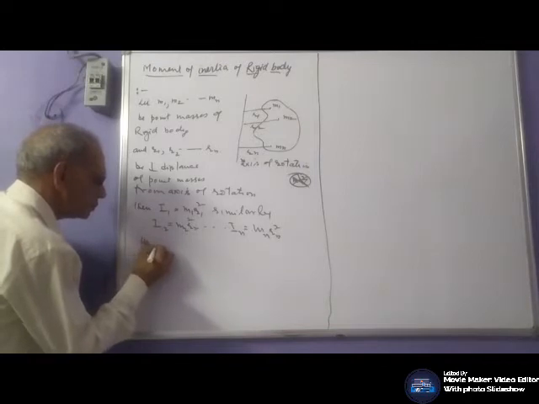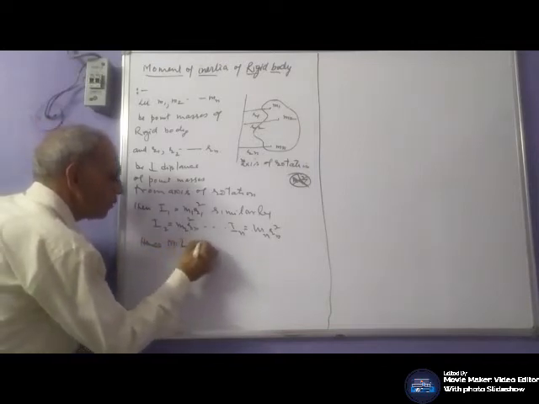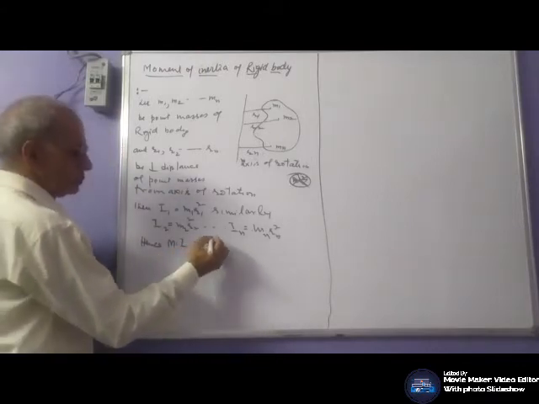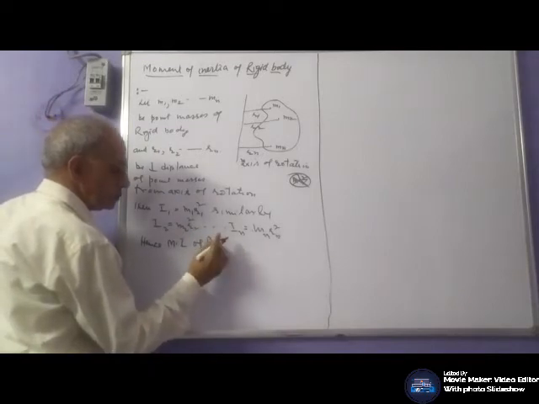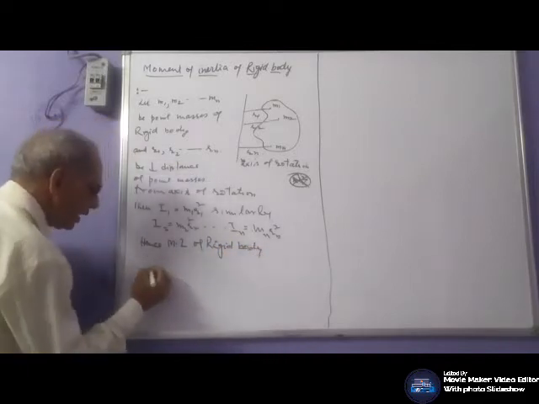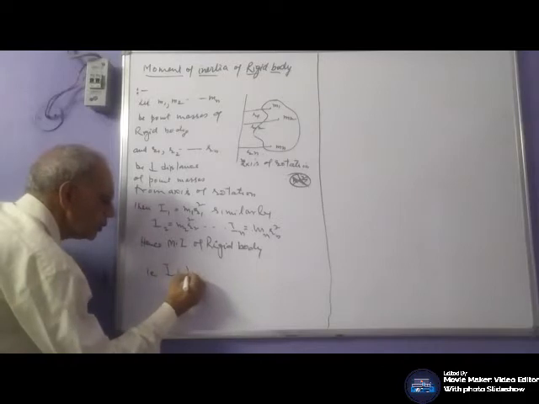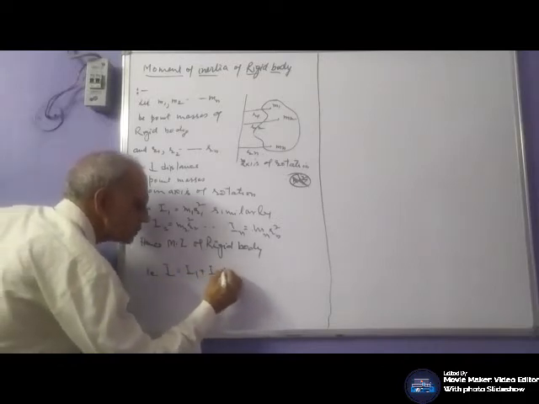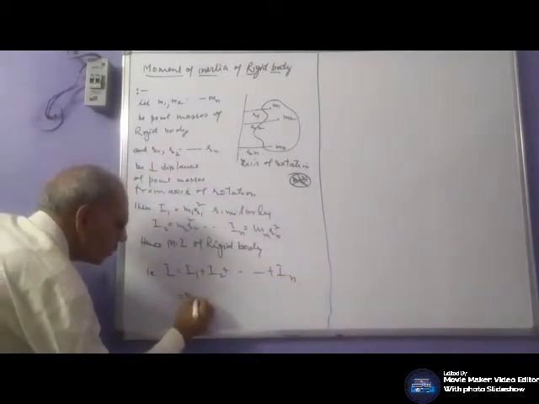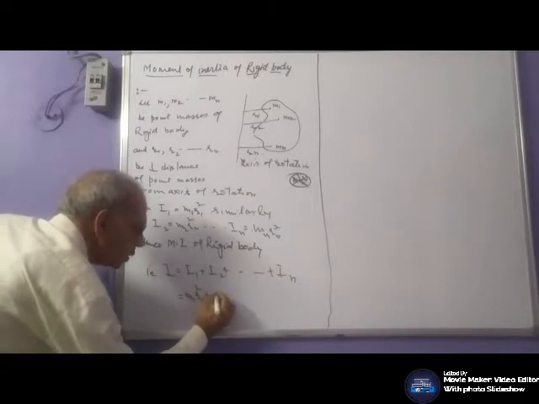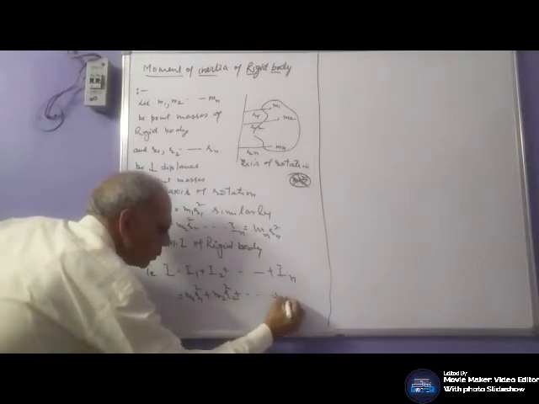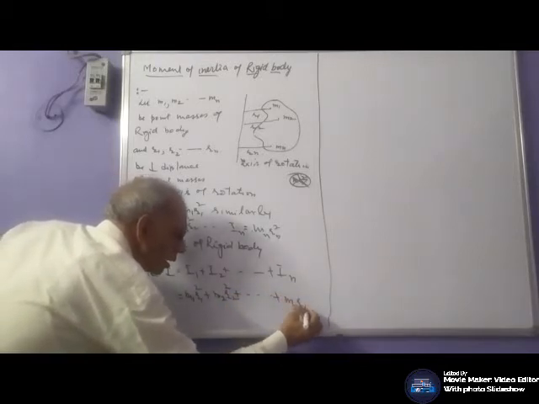Hence the moment of inertia of the rigid body, that is I, is the sum of I of all point masses: m1 r1 square plus m2 r2 square and so on plus mn rn square.